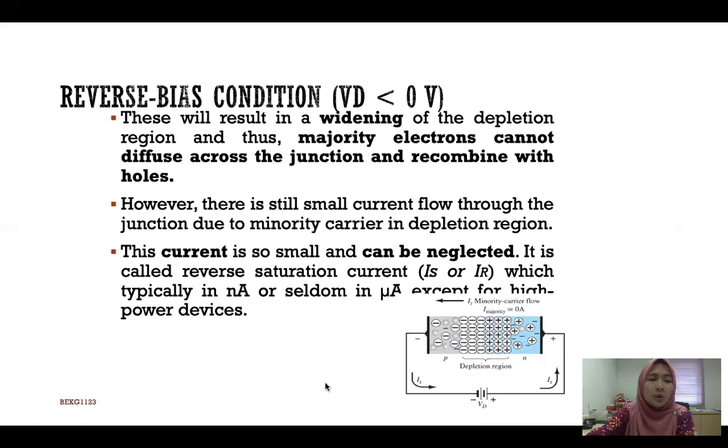So what happens in reverse bias? The summary is, VD is less than 0, small VD. When VD is negative, the depletion region width is increased.